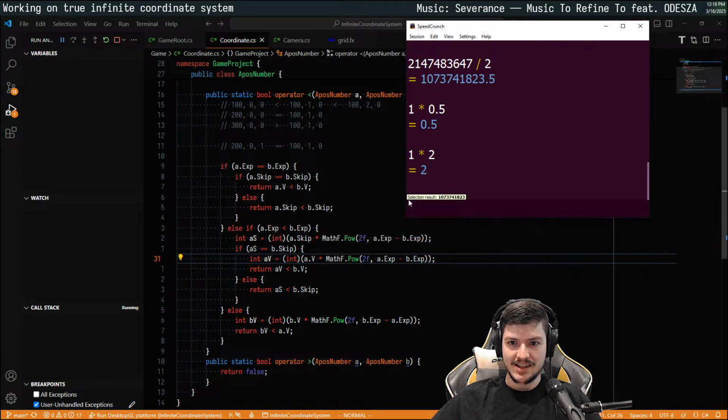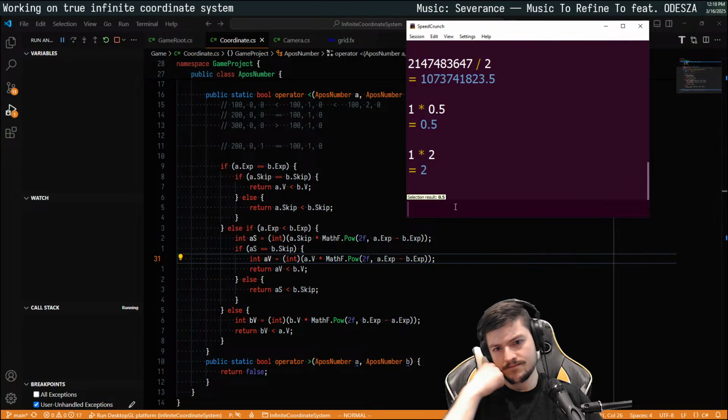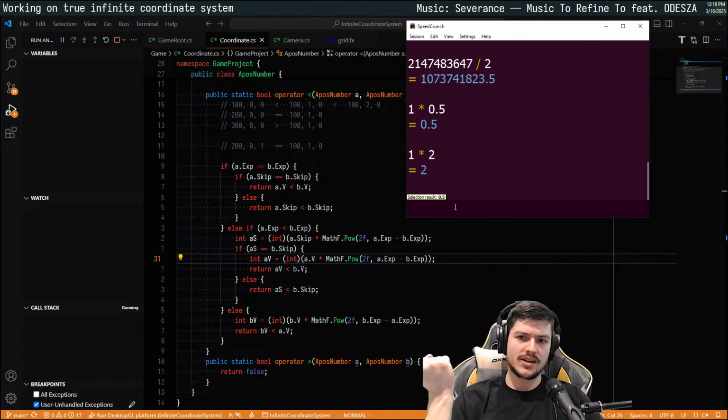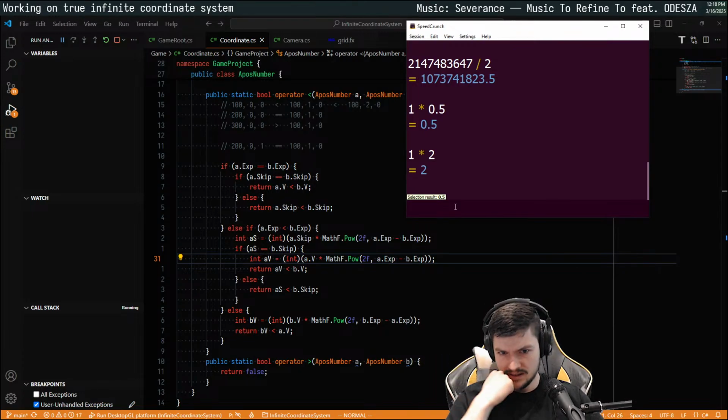Okay, wait, let's do this. The value is 200 times 0.5, which means 100. But you need to do plus. But that's the thing, I want to avoid doing plus of half, because you quickly run out of numbers, right?